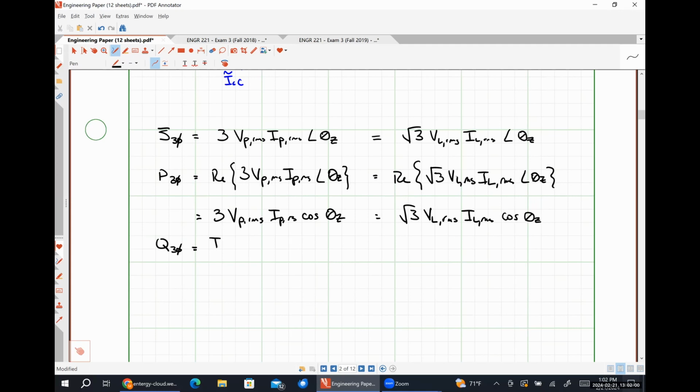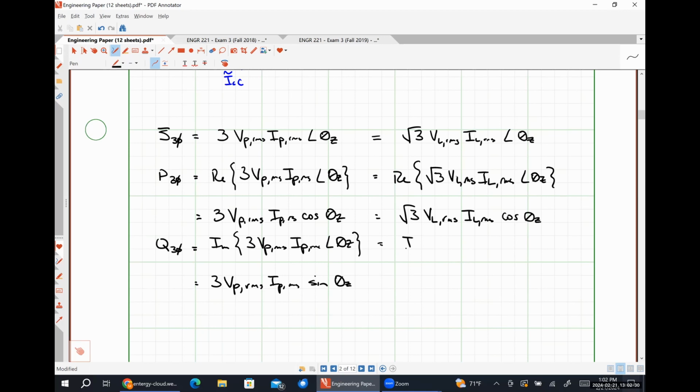So our reactive power is the imaginary part of 3 VP IP angle theta z, which is just 3 VP IP sine theta z.